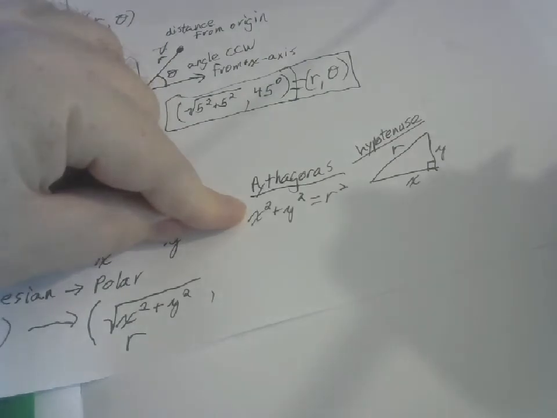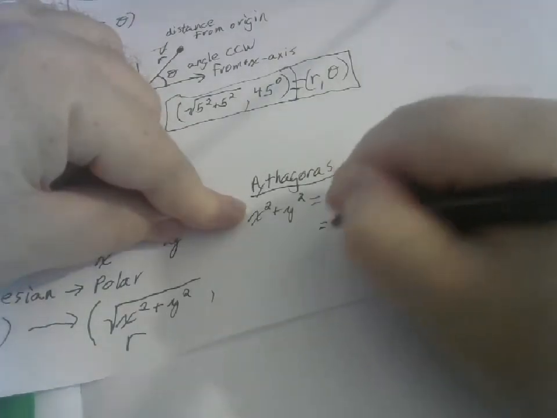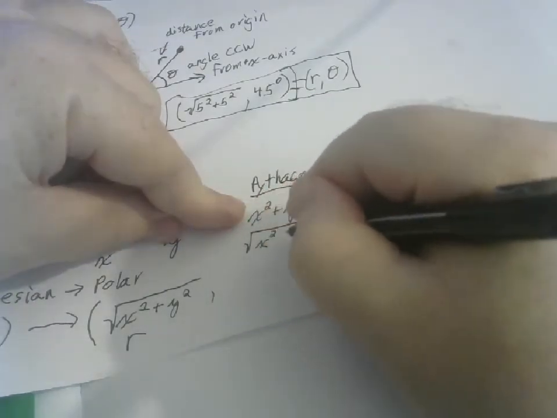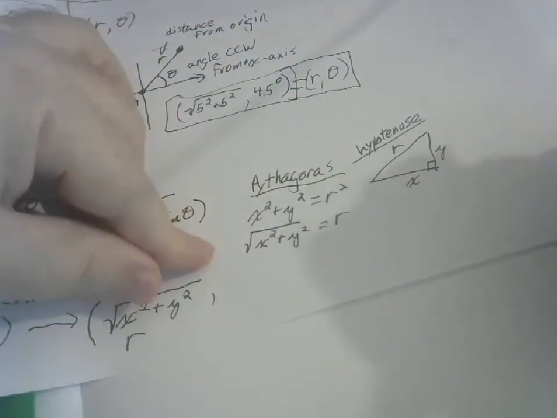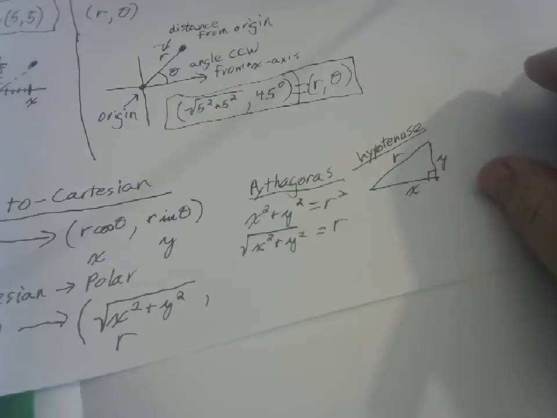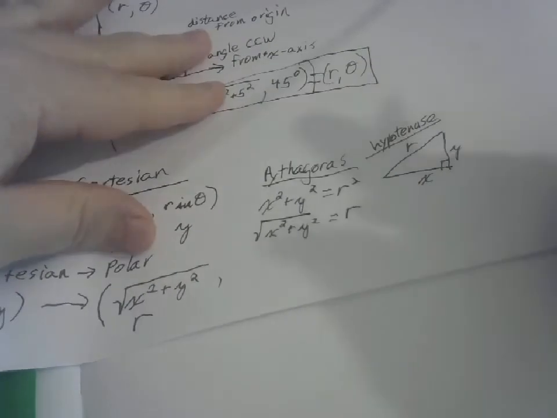All I'm doing to this formula is taking the positive square root of both sides, because ordinarily when you take the square root you would get plus or minus, but I want just the positive value. So that is r equals the square root of x squared plus y squared.